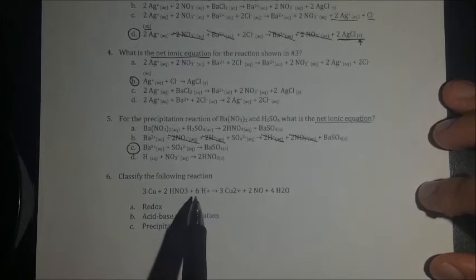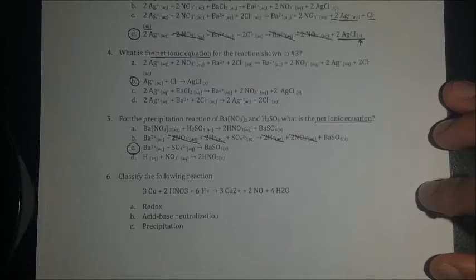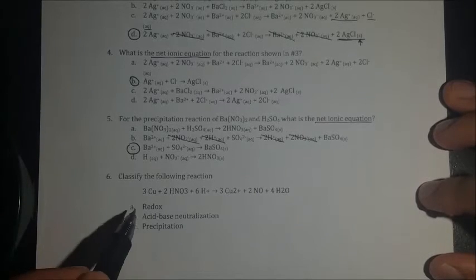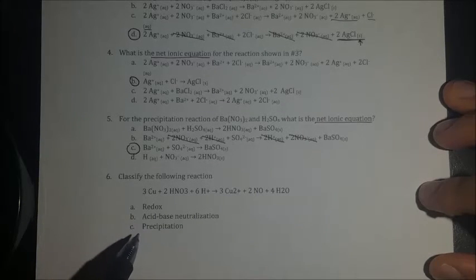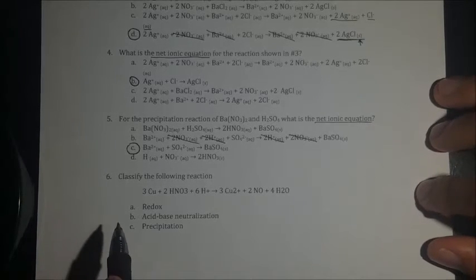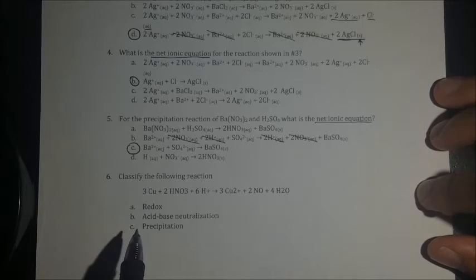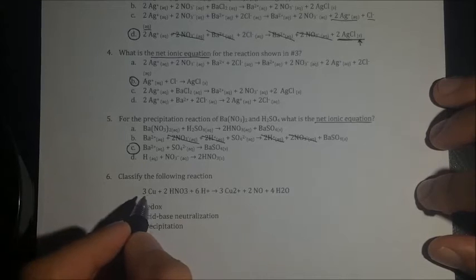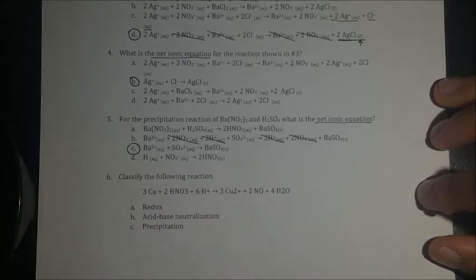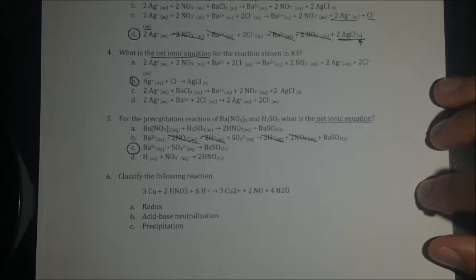Number 6 gives us this reaction here and asks us to classify it as either a redox, an acid-base neutralization, or a precipitation. And what I like to do for determining whether it's a redox reaction is to figure out if the charge or the oxidation state on any of these elements changes from reactants to products.